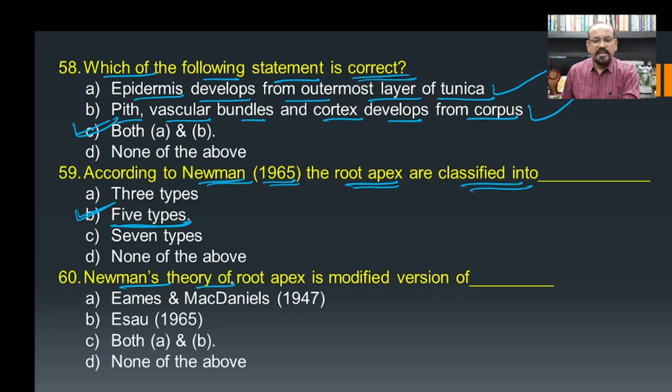Then Newman's theory of root apex is a modified version of. If we see Newman's theory, then Eames and McDaniel's theory and Esau's theory, you will find that the Eames, McDaniel's and Esau's theories are the base, and later on it is the modified theory, that is Newman's theory, and hence both A and B will be the answer for this question.